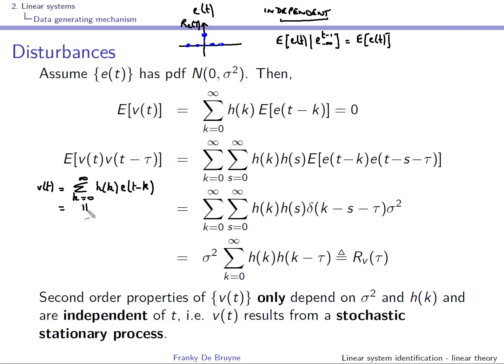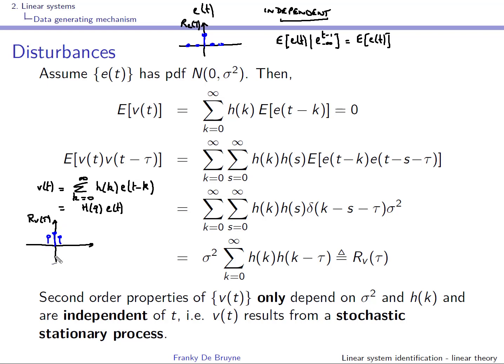So you can see it as white noise that goes through a filter. And what you can see here is that the autocorrelation function will in general be different from 0. So if we have a look at R_v(tau), you'll end up with something that might look like this.